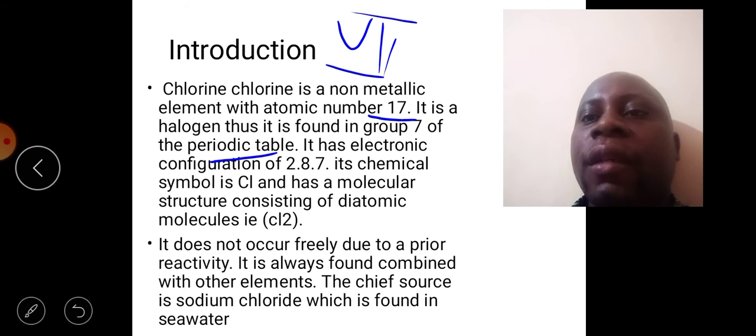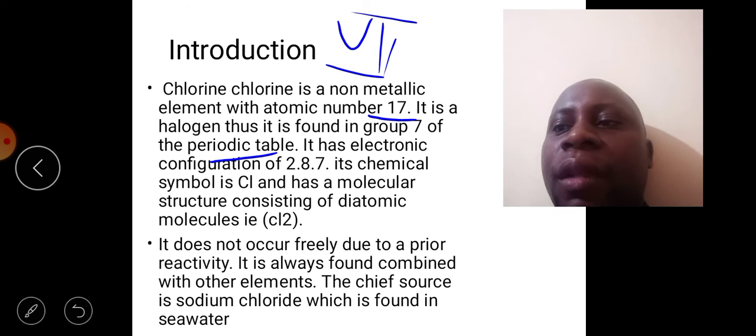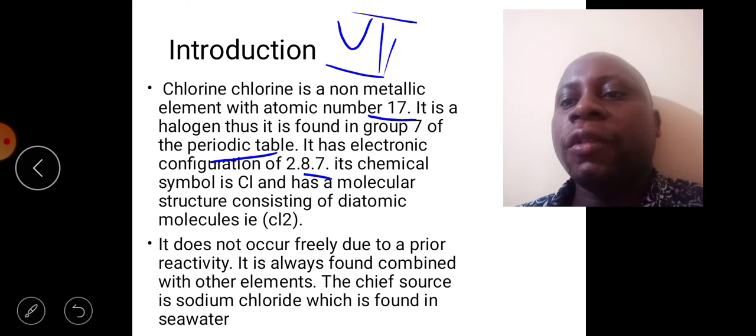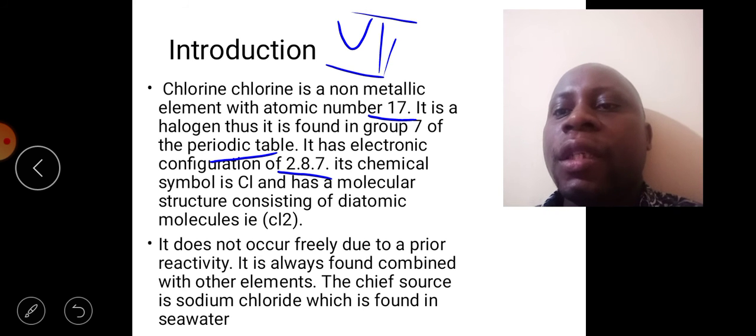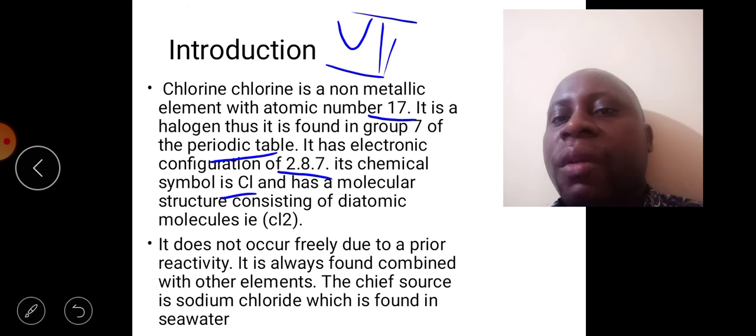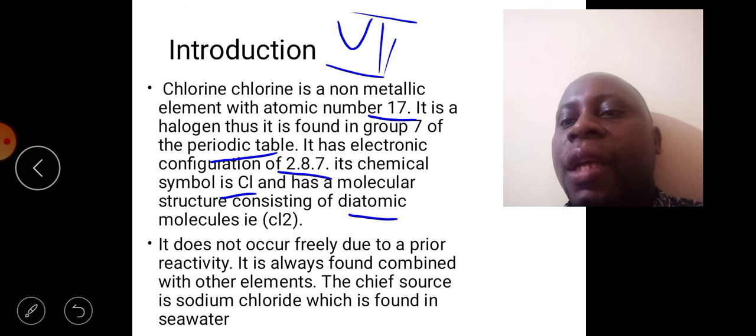Okay, so it is in group 7 of the periodic table and it has got an electron arrangement of 2.8.7. Its chemical symbol is Cl, capital C, small l, and it has a molecular structure consisting of diatomic molecules.